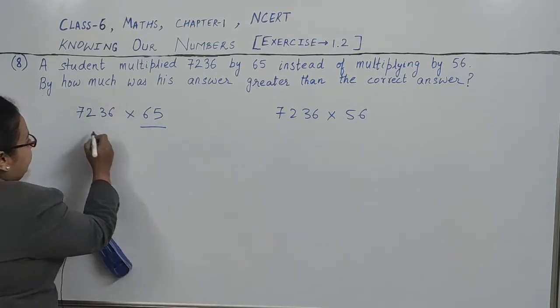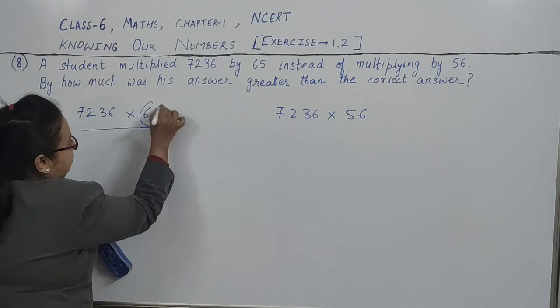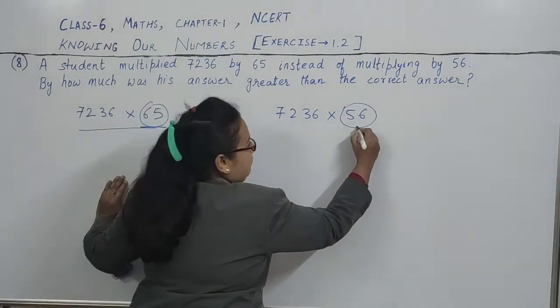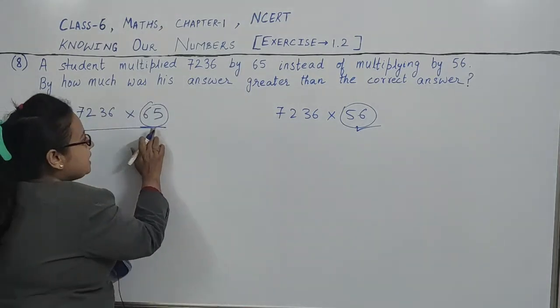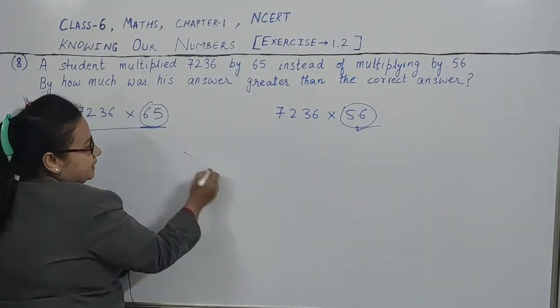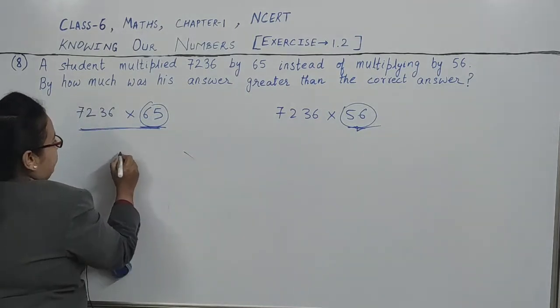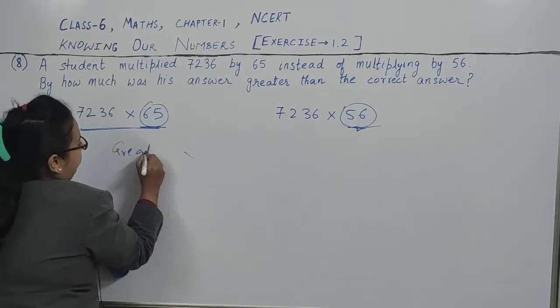So his answer will be more because 65 is more than 56. He should multiply by 56 but he multiplied by 65, and 65 is bigger than 56. So his answer will be greater, right?